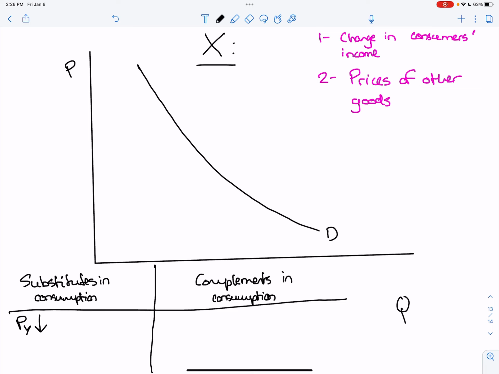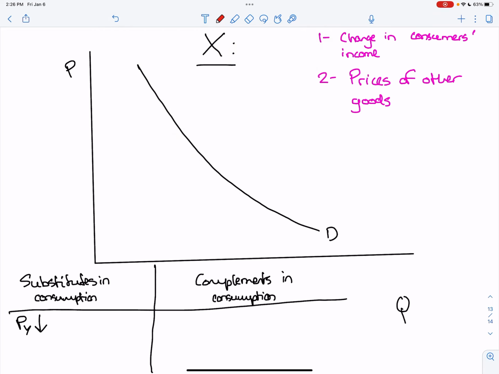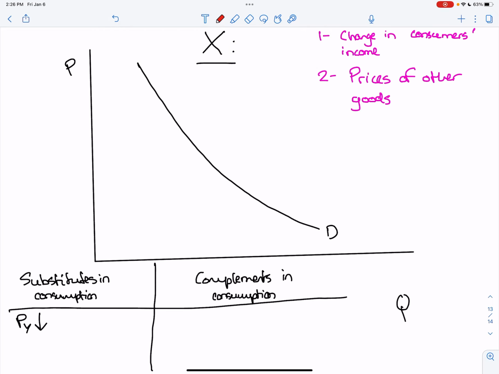Well, by the law of demand, this will cause an increase in the quantity demanded of Y. But because X and Y are substitutes, this will in turn cause a decrease in the demand for X, right?